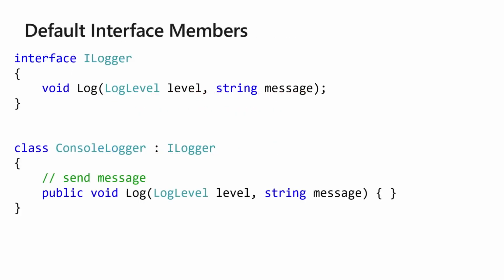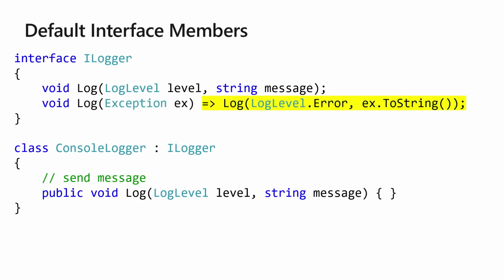And then finally, default interface members are a feature that helps make it easier to evolve interfaces. Once you published an interface, you're already locked in, because if you add another member to it, your implementers will break.